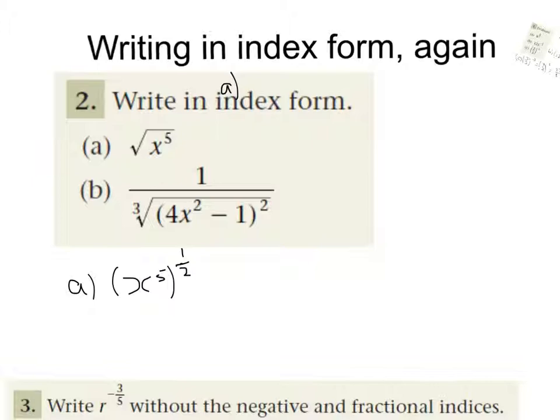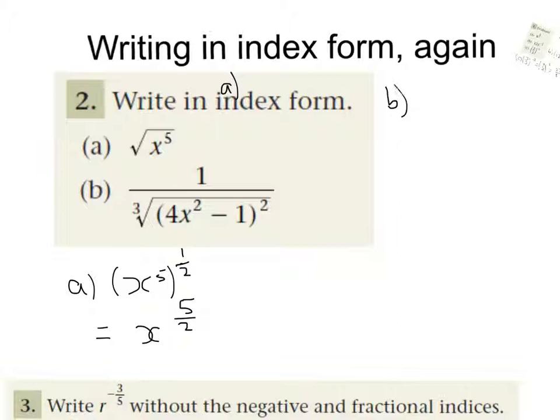So remember that any root sign is an opportunity to write in index form. However, we haven't gotten the most simple answer. The most simple answer would be x to the power of 5/2. And of course we could have written this as x to the power of 2.5, however we generally don't write decimals in our indices.